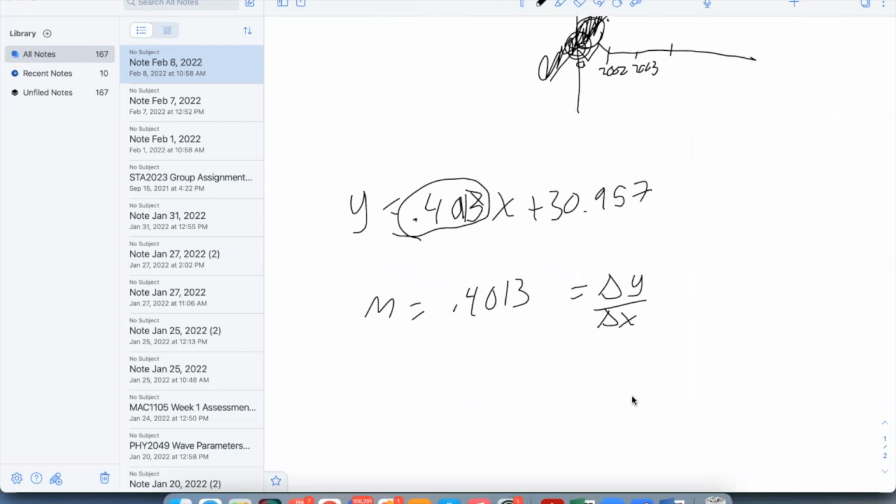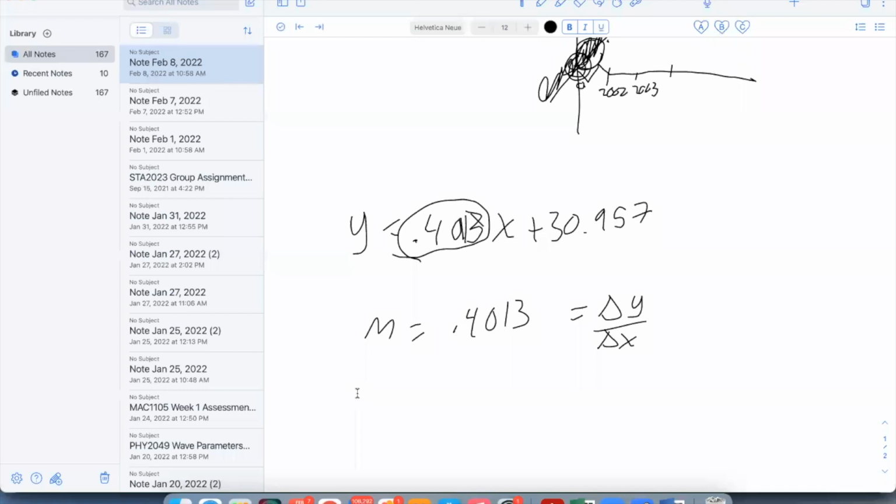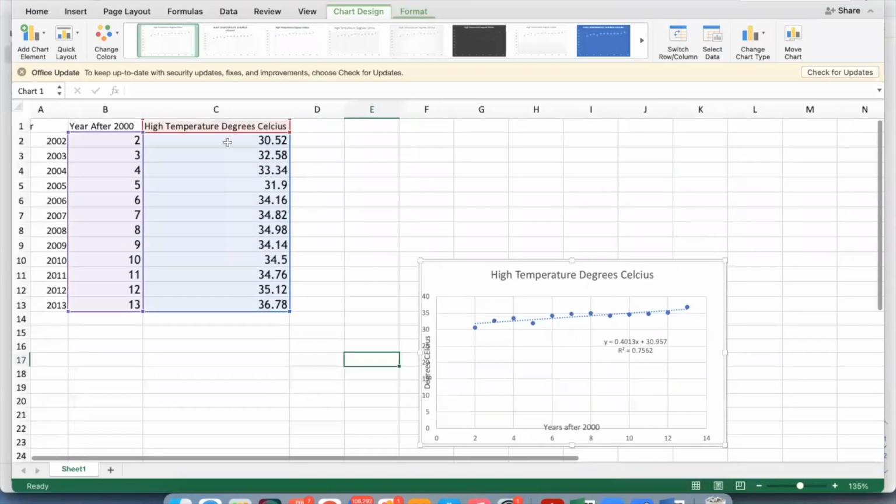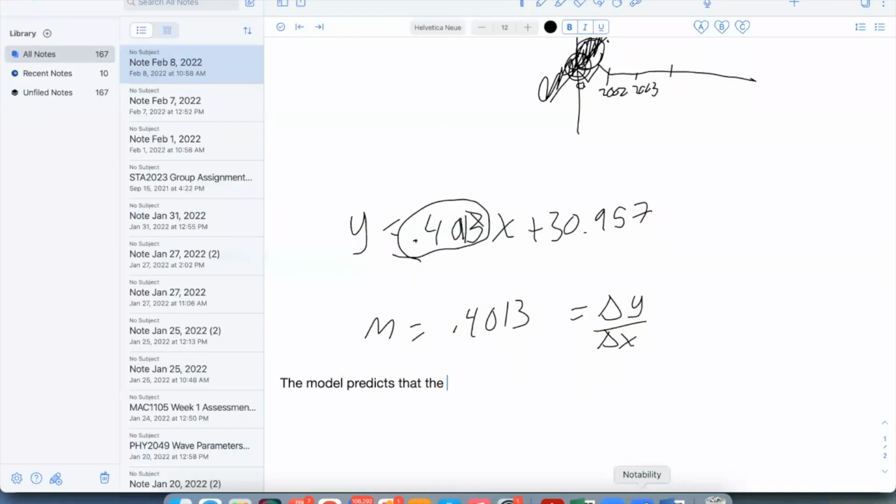So if we were going to interpret this, we would say the model predicts, we want to start every sentence with that, well, what's y measured in? It's a good thing we wrote that down here. What's y measured in? Degrees Celsius, the temperature.